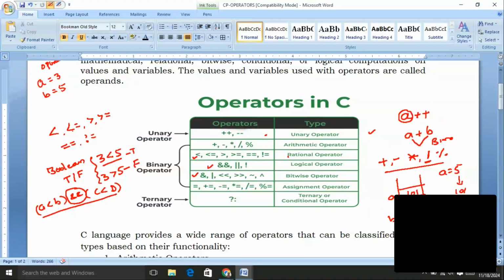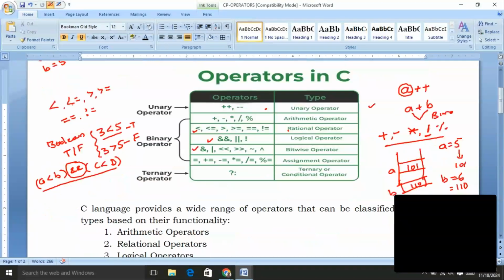Suppose I write a plus b, the entire unit of A, 101, and 110 is considered. That means these three bits are considered as a single unit, and these three bits as a single unit. Then adding gives 1, 1, 0, 1, which is 11, and in this way the operation is performed. But now we are going to use the bitwise operator. Suppose I again consider 5 in binary, 101.